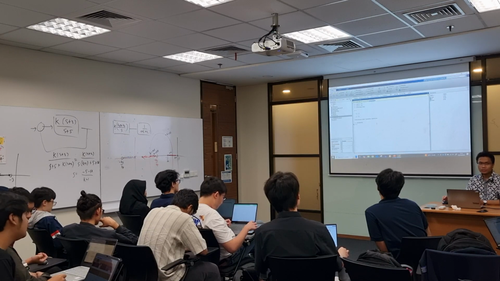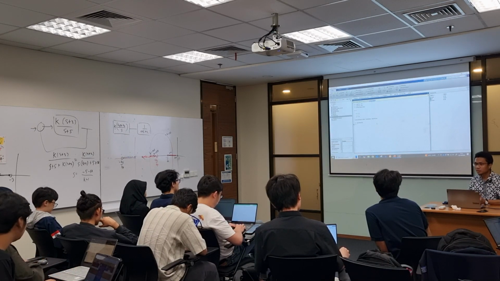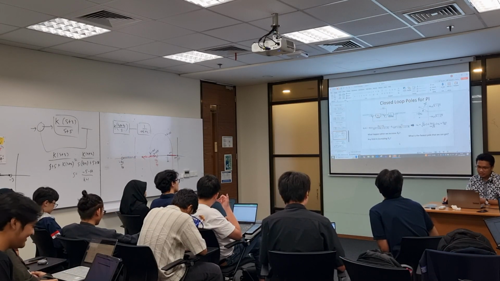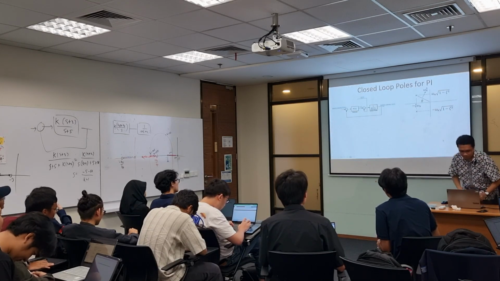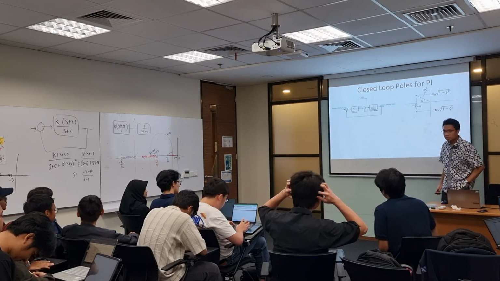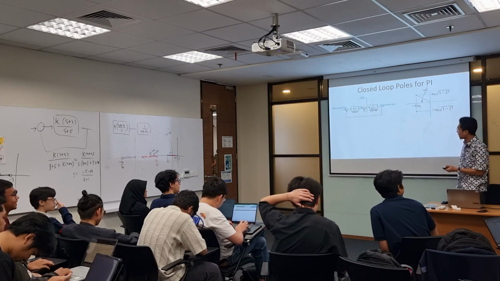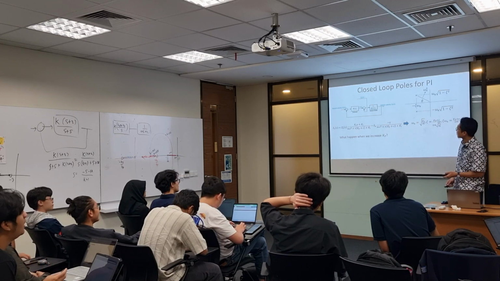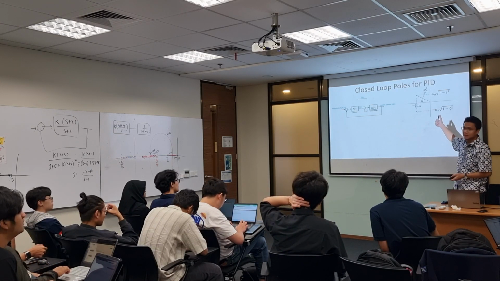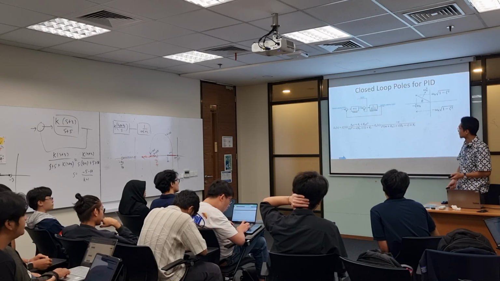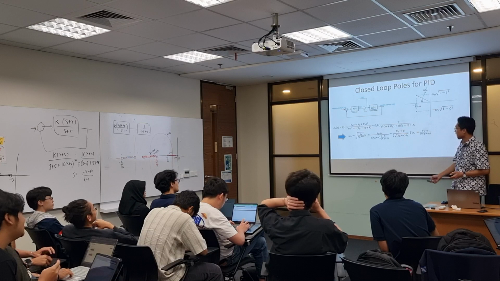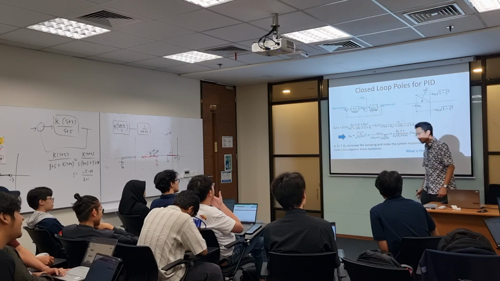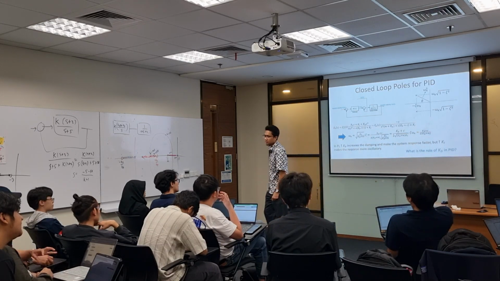Okay, now you know how to find out the root locus for any kind of transfer function that you have. For Wednesday's homework, I want you to think about the closed loop poles for the PID. I give you this already, but I want to ask you what's the role of the derivative constant in there.